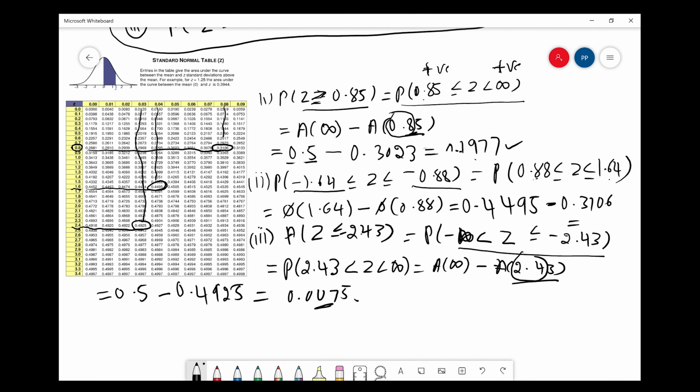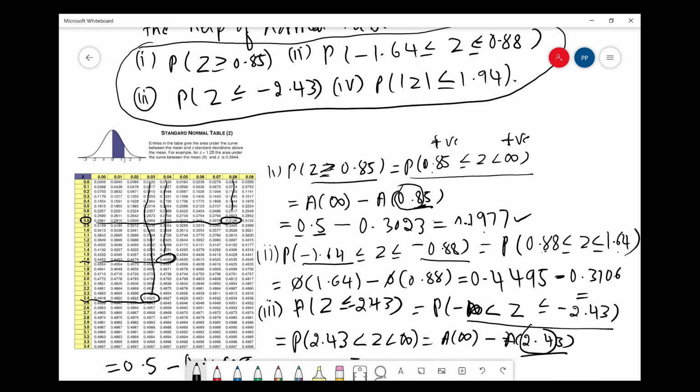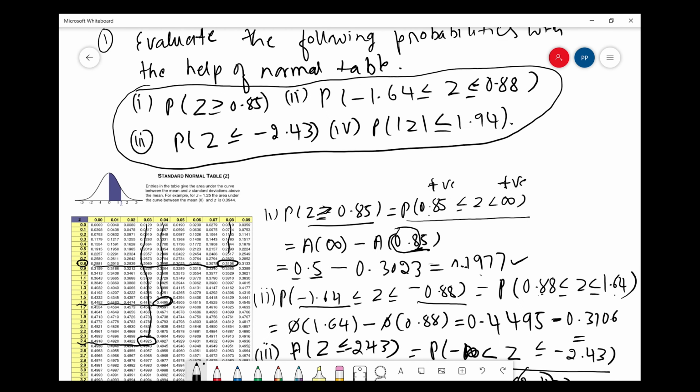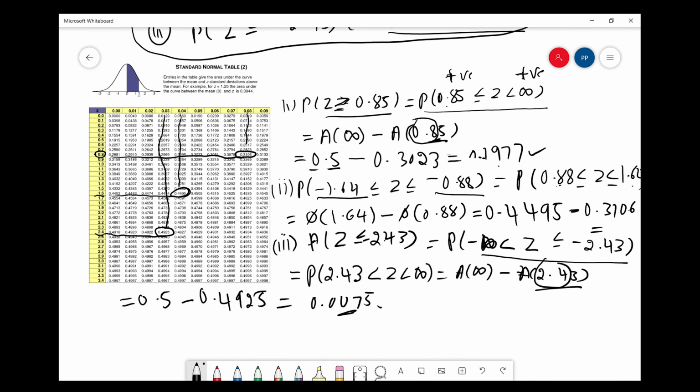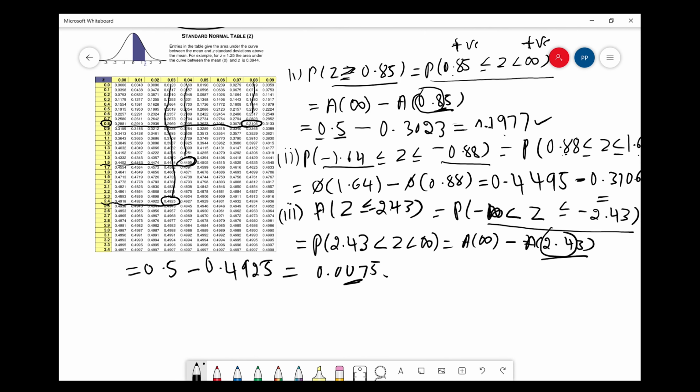Okay, now we consider the last case. Fourth case: P of mod z less than or equal to 1.94.